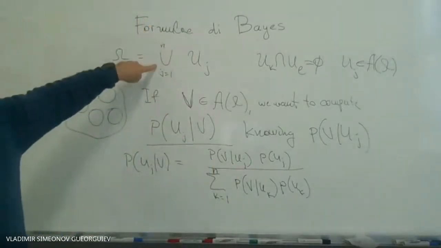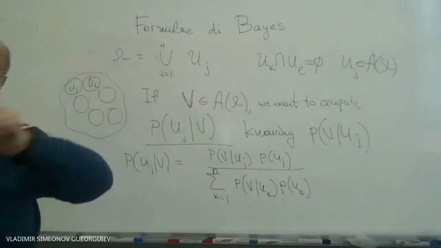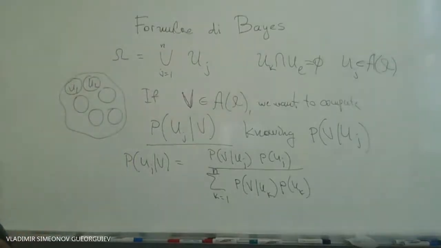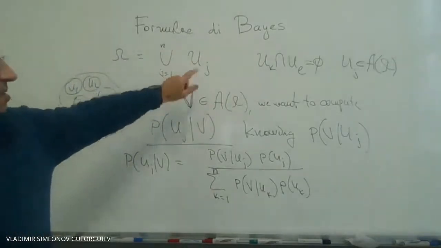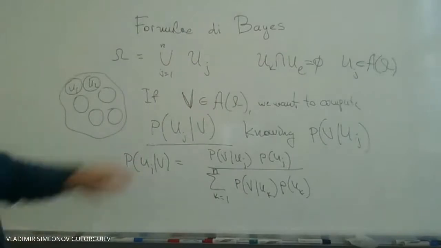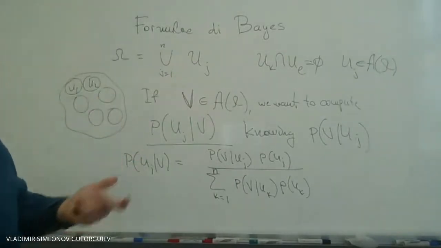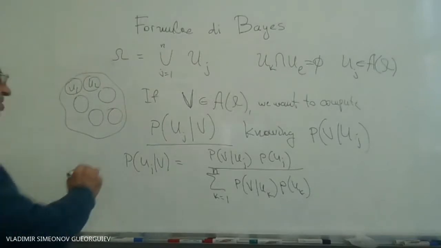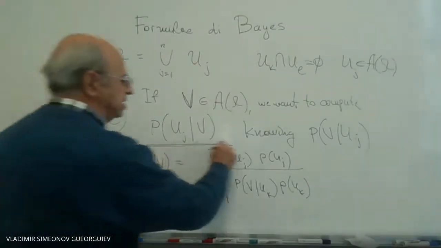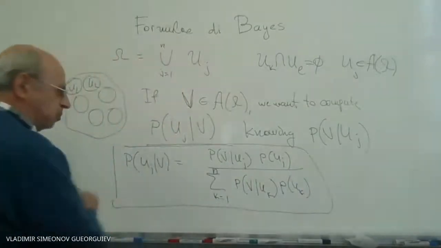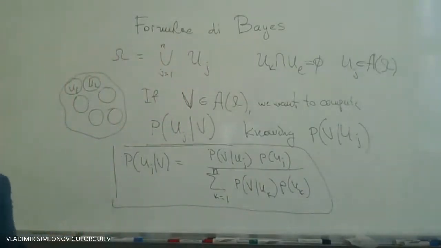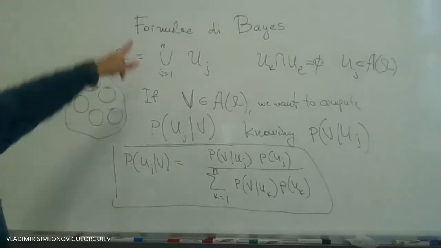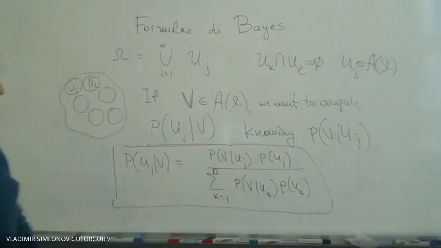Remember that this n is the total number of subsets in our decomposition of the total set. So this is the formula that we shall prove after the small break, and then we shall make an example. This is the famous formula of Bayes.